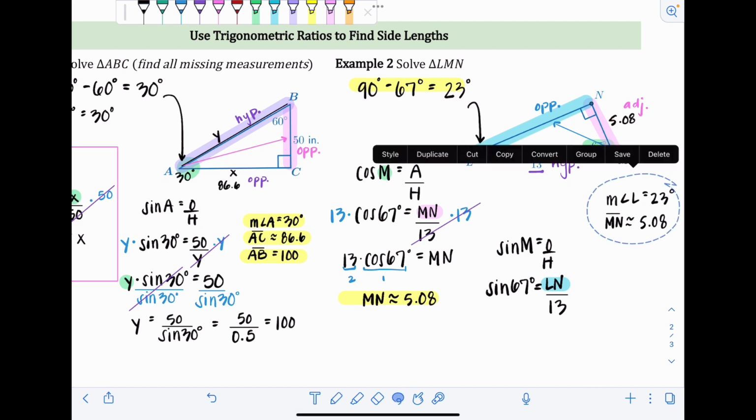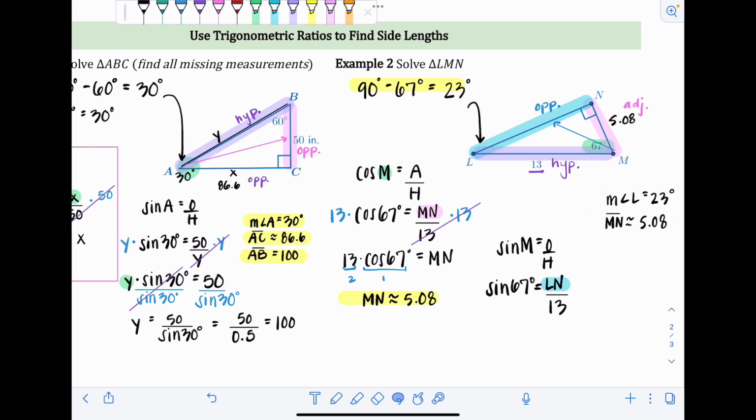Now I just have the one unknown, so I can go ahead and solve for it. 13 is dividing LN, so I'm going to multiply both sides by 13 to cancel out the division. Multiplying by 13 and dividing by 13 cancels out, and then I have 13 times sine of 67 degrees is equal to LN, and I'm ready to head to the calculator.